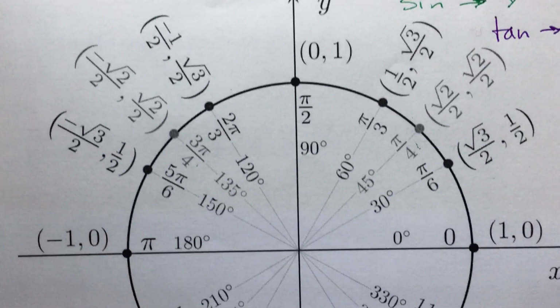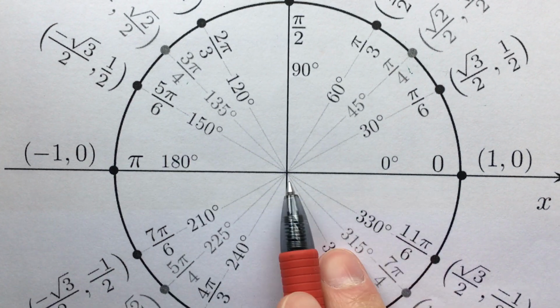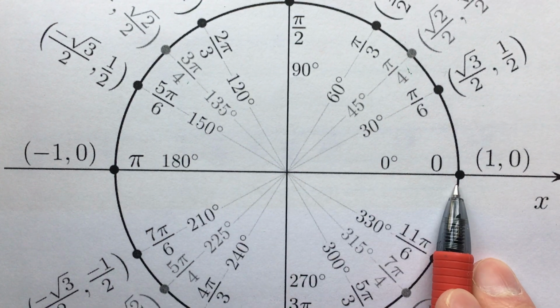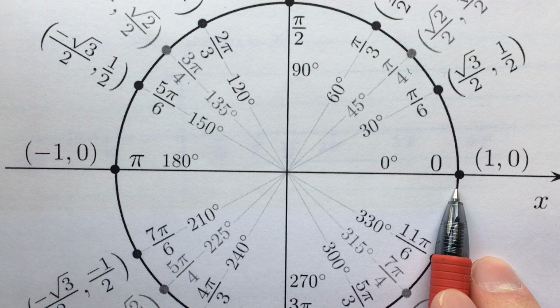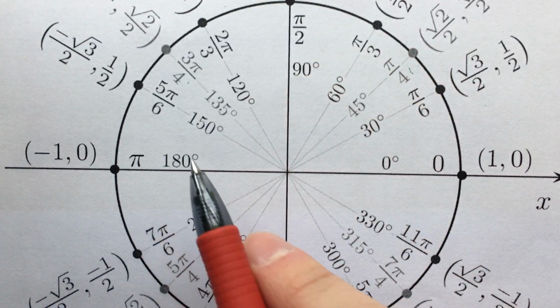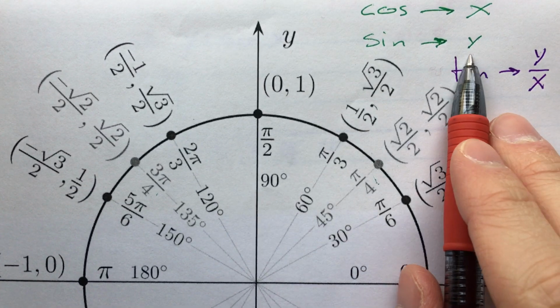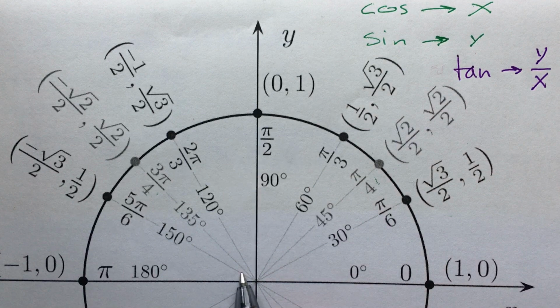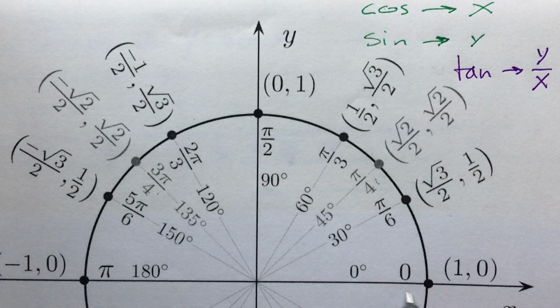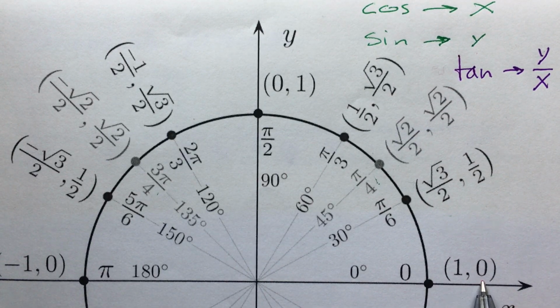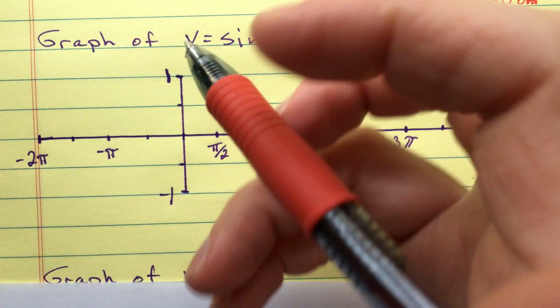Well, 0 radians or 0 degrees is this point right here, right out to the right. It's our starting point when we draw an angle. And the sine value of all these different angles around the unit circle corresponds to the y coordinate. So when we're at 0 degrees or 0 radians, we're looking for the y coordinate, and it's 0. So our very first point is 0, 0.